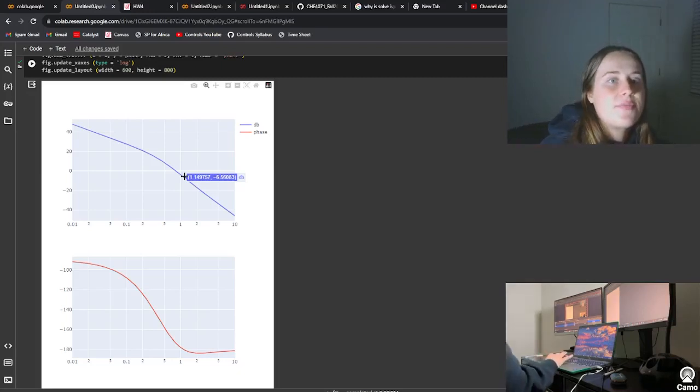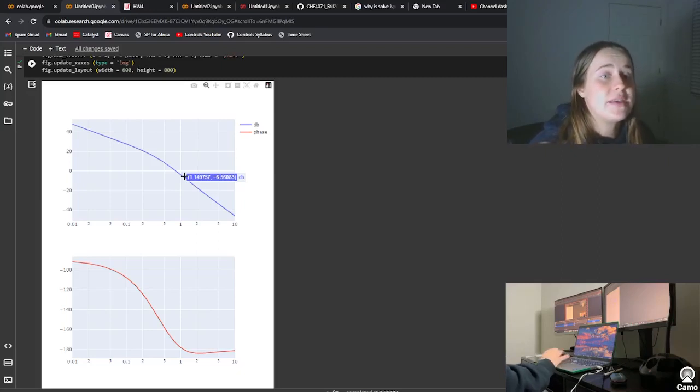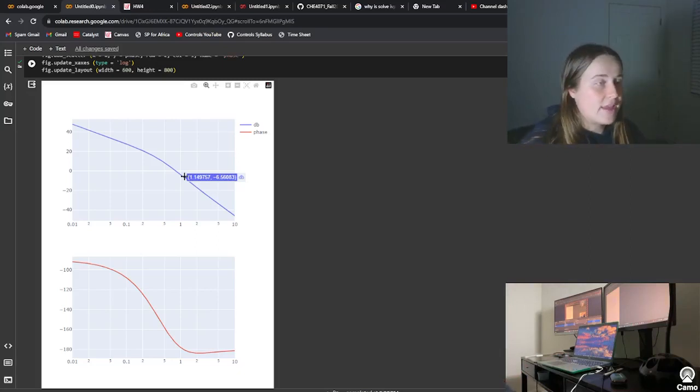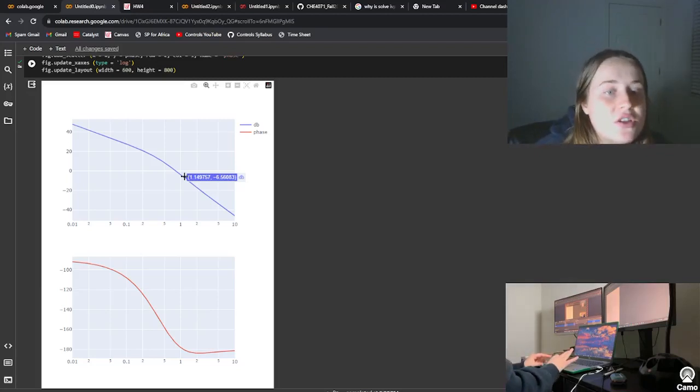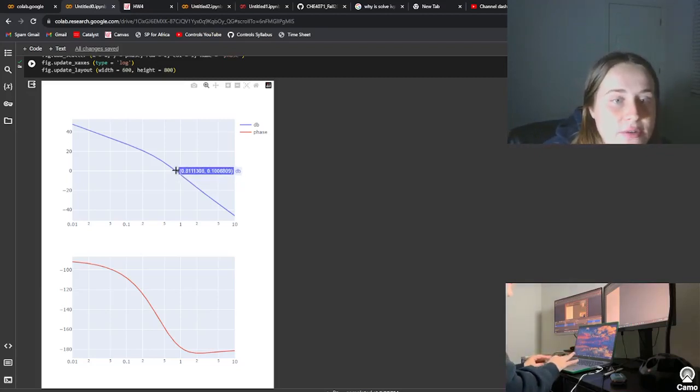And what we also want to talk about is our phase margin. Phase margin is basically knowing how many degrees away we are from being unstable and this feedback loop being no good anymore. So what we can do there is go to 0. Okay, that's pretty much 0.